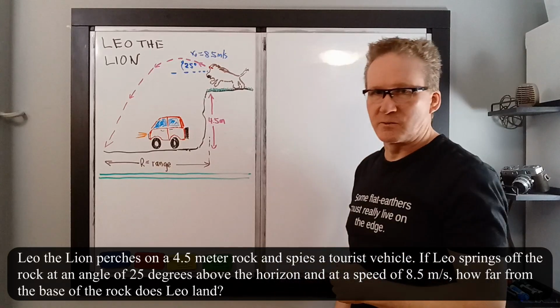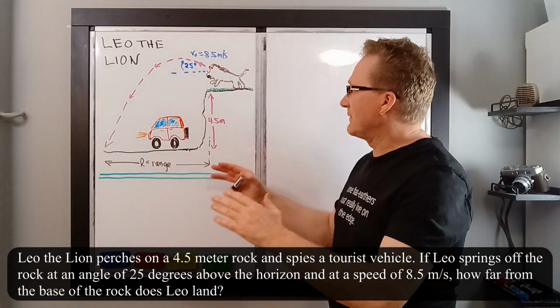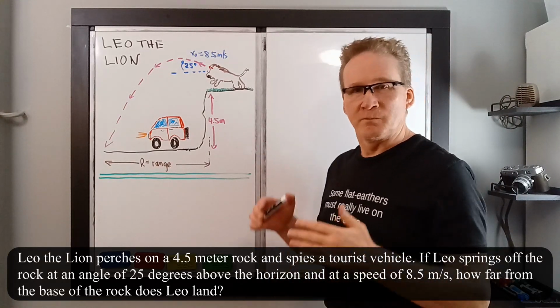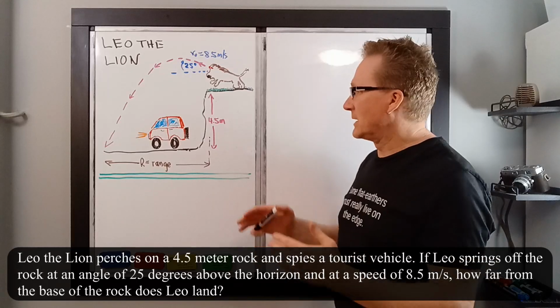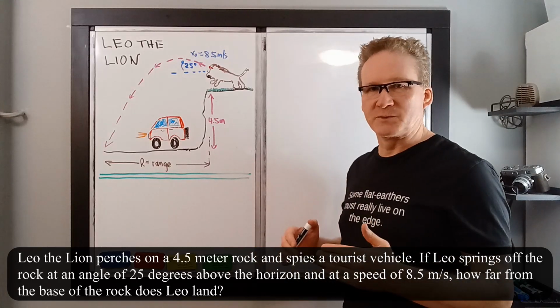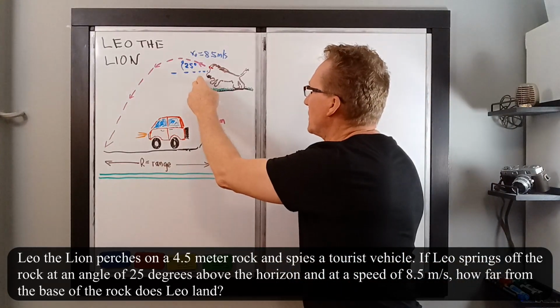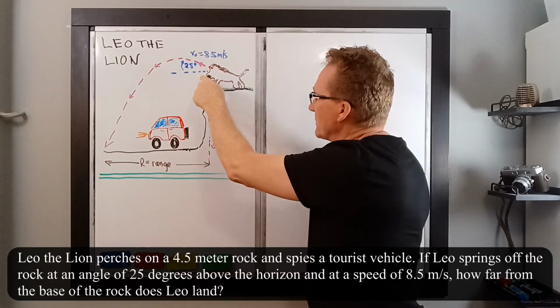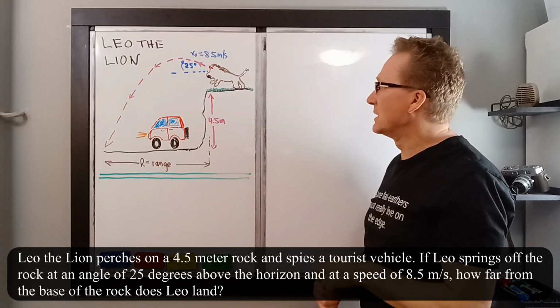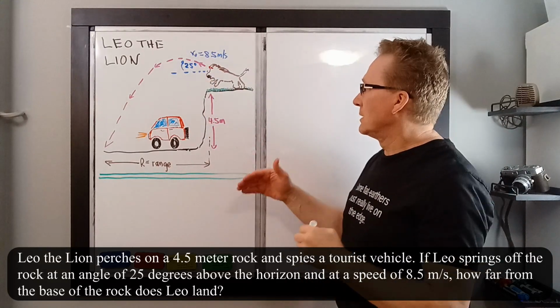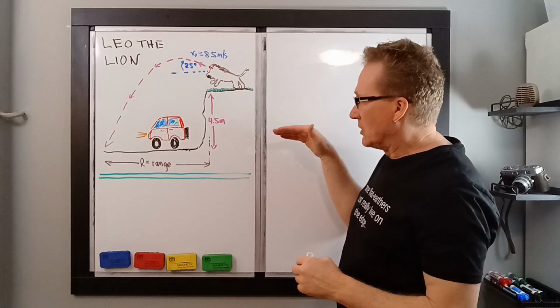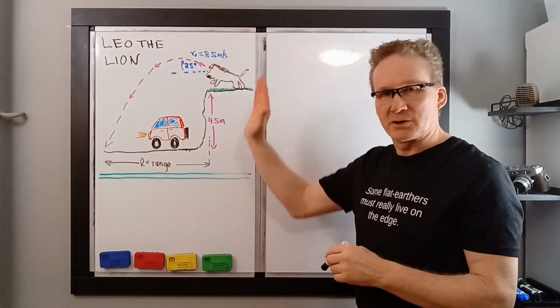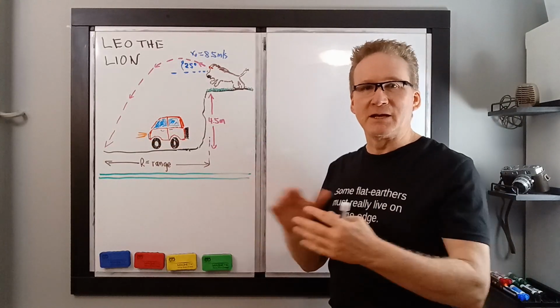What's his horizontal range? Now, this is a fairly straightforward problem in projectiles, and the way that we usually start these problems is by taking the initial velocity, which in this case is a vector component 25 degrees up from the horizontal, and we would divide that into the horizontal component and the vertical component. Each of these acts independent of each other.